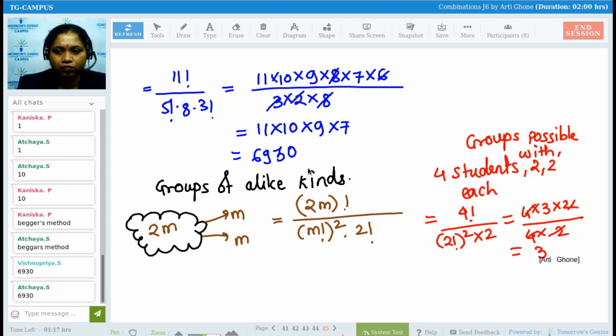Clear? So there are only 3 ways to do this task. Clear? Okay.